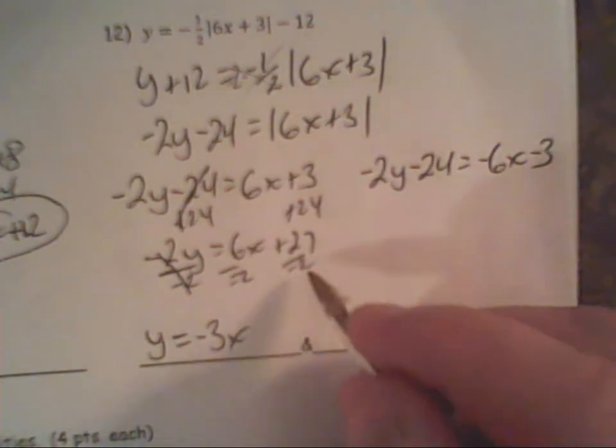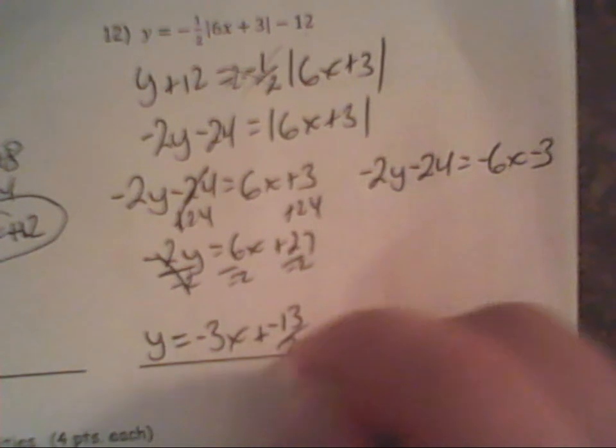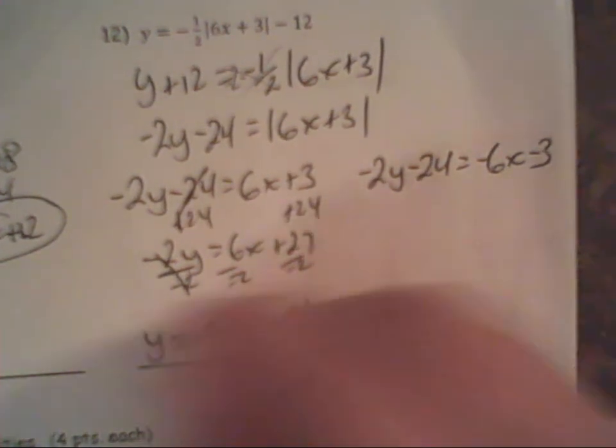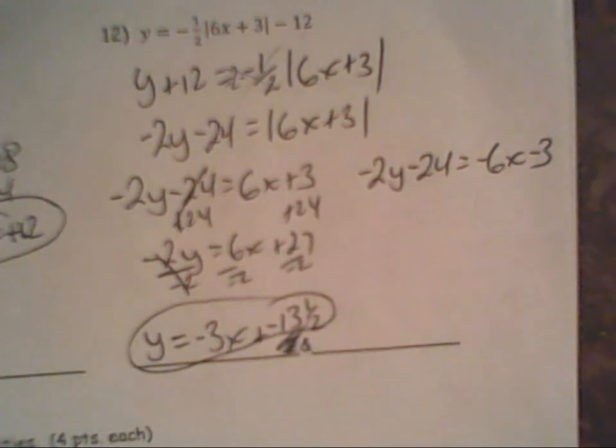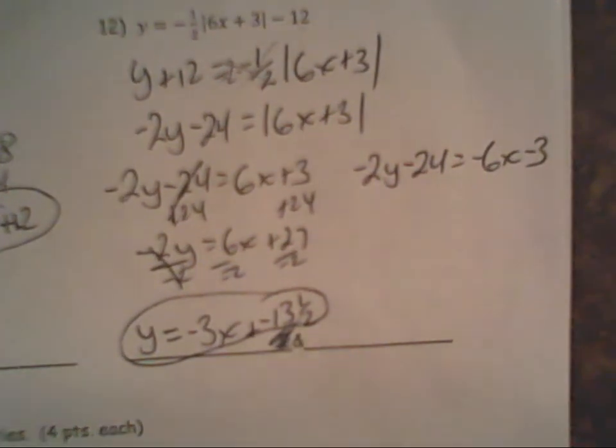And then 27 over negative 2 is negative 13 and a half. And that would be one equation. Kind of wrote that sloppy, but hopefully you got that. Negative 3x minus 13 and a half.